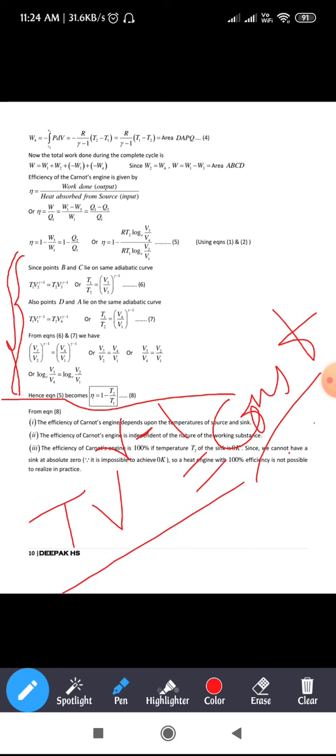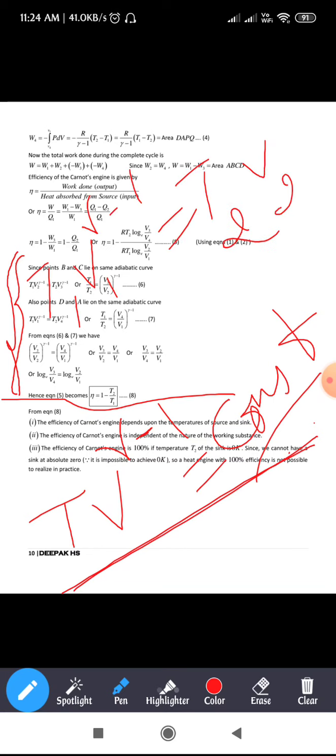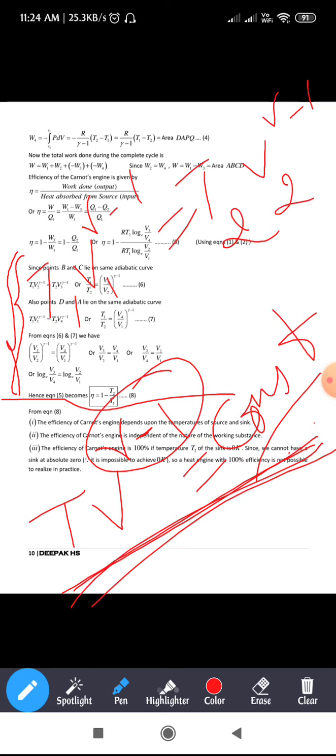So in an adiabatic expansion, TV to the power of gamma minus 1 is a constant. So you can write this as T1 V1 to the power of gamma minus 1 is equal to T2 V2 to the power of gamma minus 1. Just make this small correction.